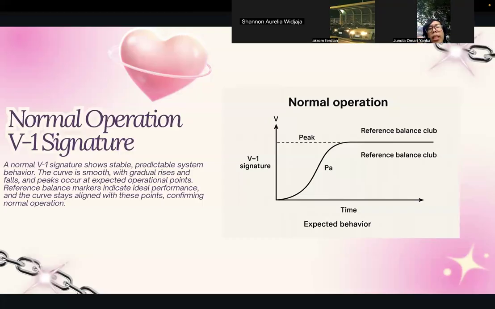And so we see the normal operation VI signature, and we see that it shows a stable, predictable system behavior with a smooth curve and gradual rises, so that the peak plateaus at a certain point.